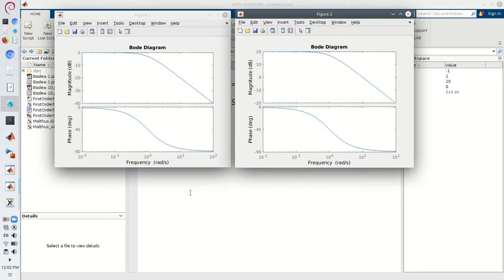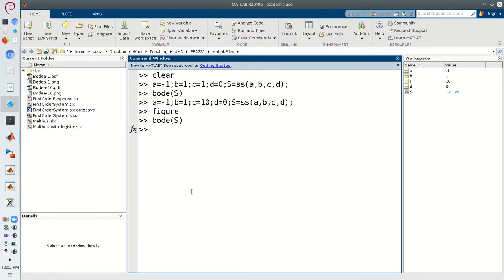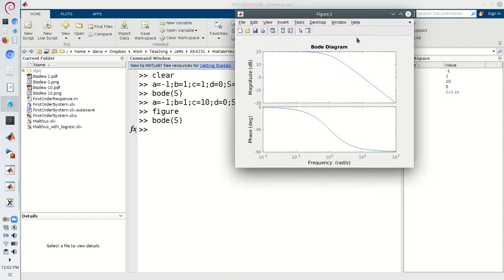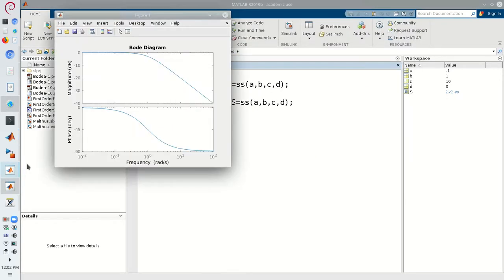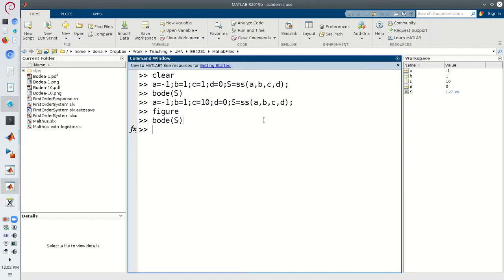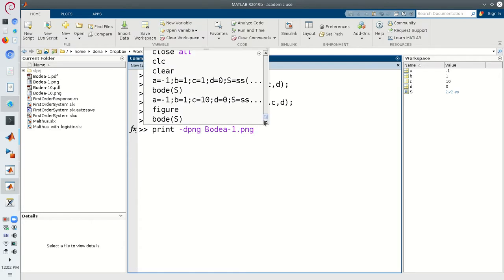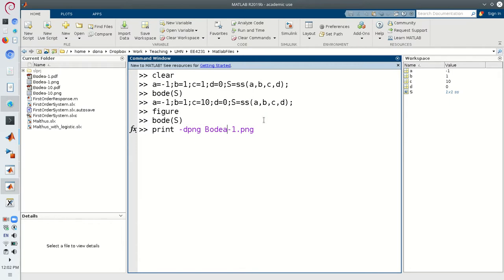So let me put these figures in the notes for you so that I don't have to draw them. And so this is exactly the same figure that we had before, but now I call this Bode with C equal to 1.